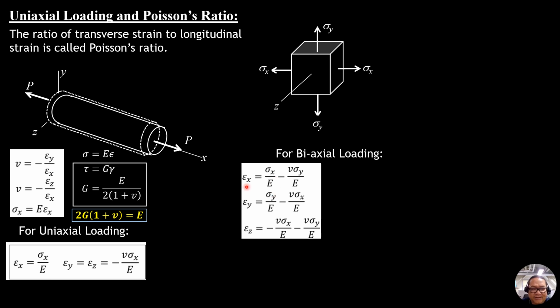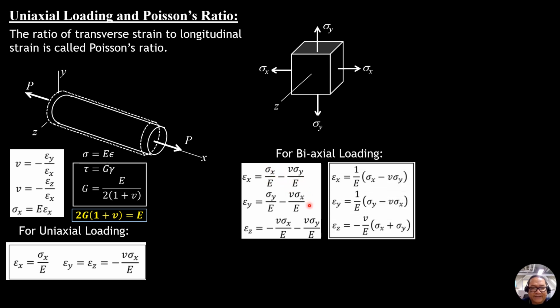Strain along x, if we factor out 1 over E, is 1 over E times the quantity sigma x minus Poisson's ratio sigma y. Strain along y is 1 over E, quantity sigma y minus Poisson's ratio sigma x. Then along Z, because both are negative, we factor out negative Poisson's ratio over E, and we have sigma x plus sigma y.